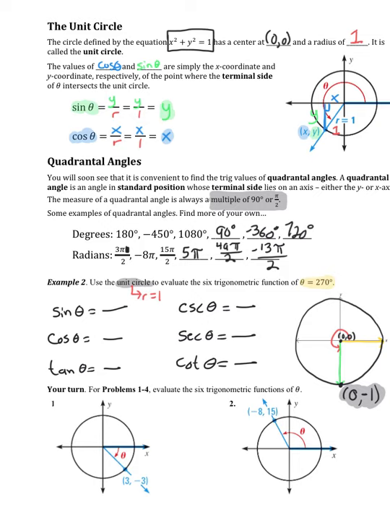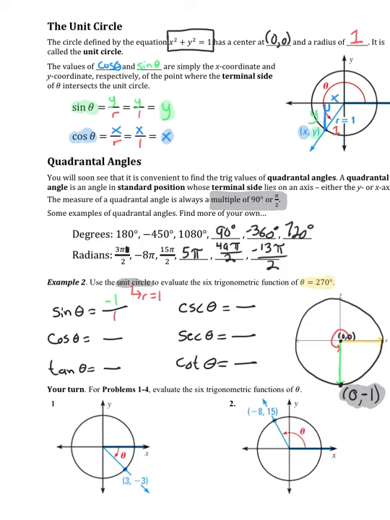And we do the exact same thing that we were doing before. We can say, well, technically, sine is the y value over the radius. The y value in this case is negative 1 over the radius, which was just 1.